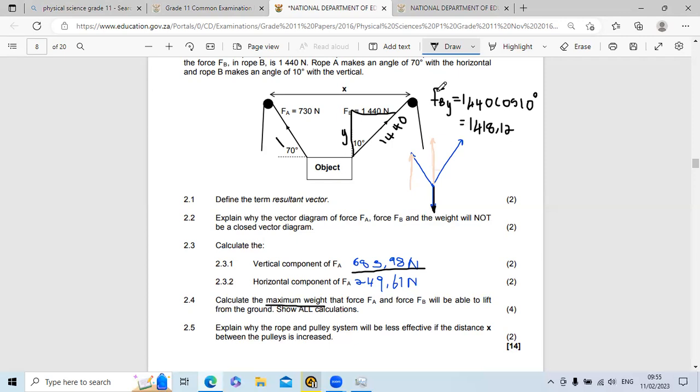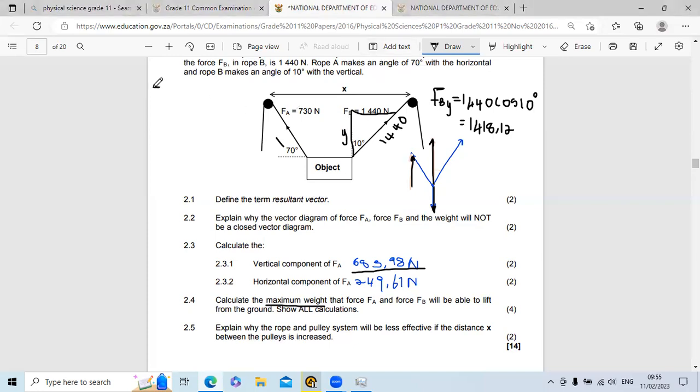And after finding your y component, you found this, and here you already have this part. So all you have to do now is add them together to find the resultant of 0. Let me make space on this side.